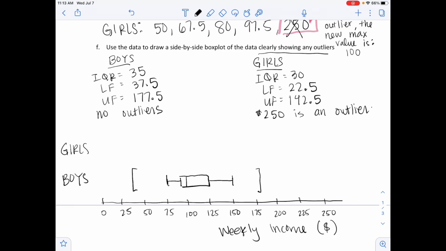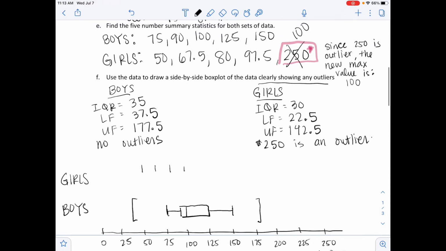Next, we'll do girls right above. And the 5-number summary for the girls is 50, 67.5, 80, 97.5, and then again, remember that the new max value that we had was 100. So now making our box plot and extending those sides out to our max and our min value.